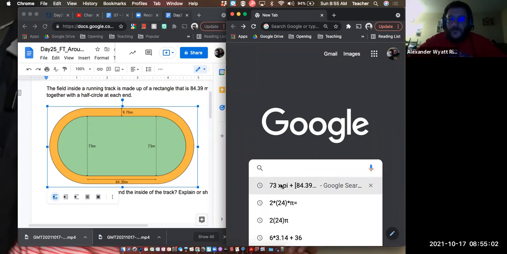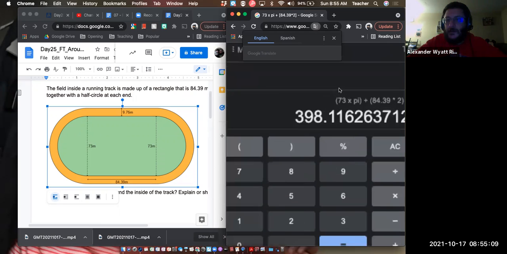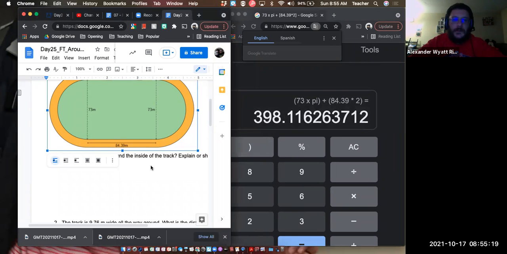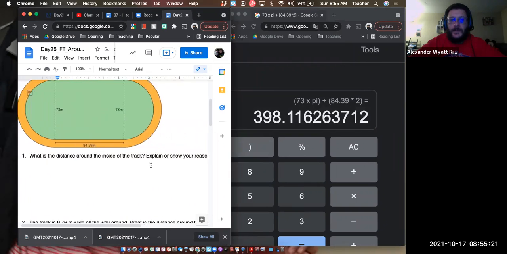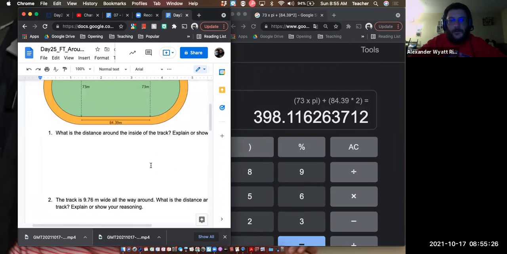So I plug this one in, and it goes 73 times pi, diameter times pi, plus these two distances. And it's going to get you 398 meters.